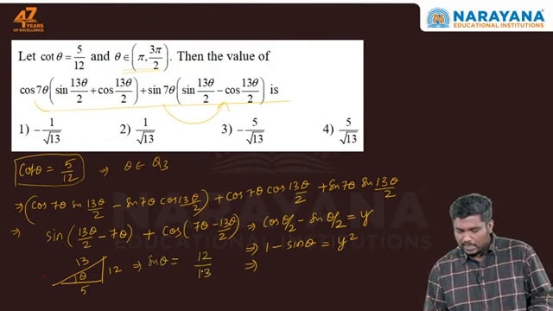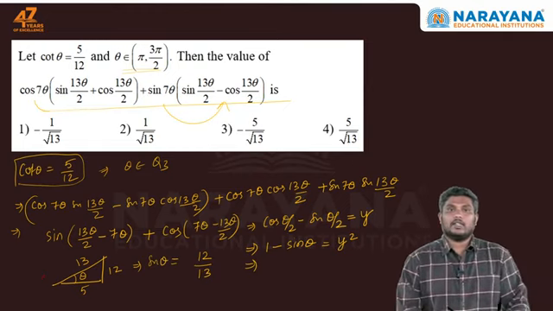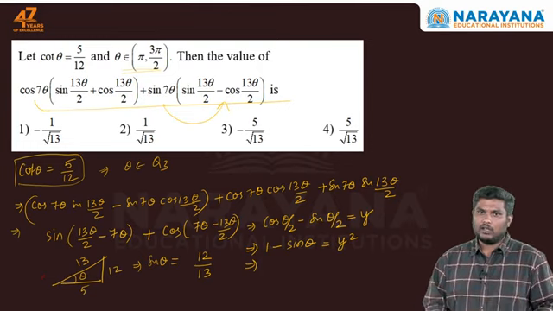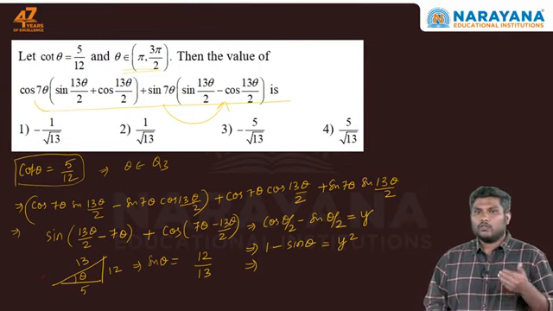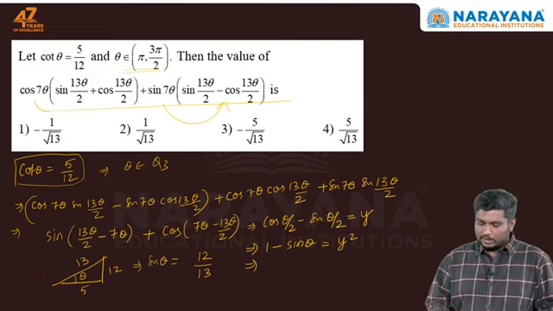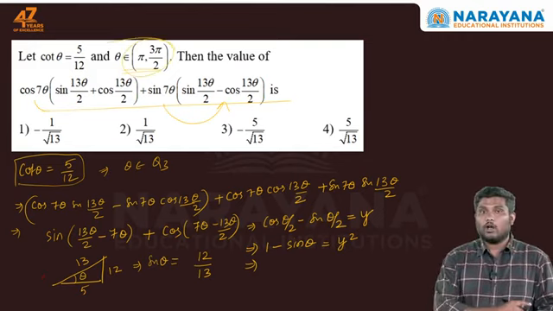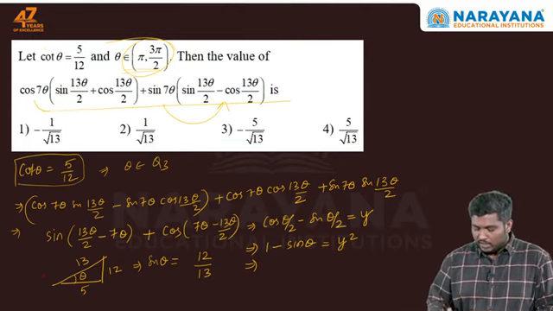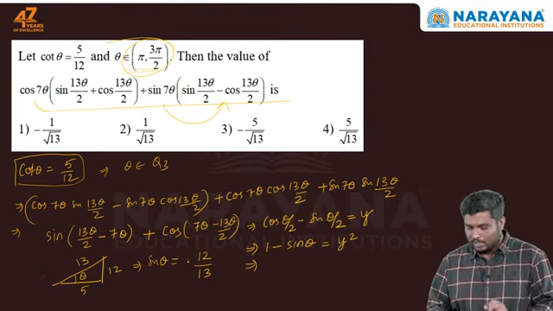Guys, if you take sine theta as 12 by 13, then you are going to lose the 4 marks which you are supposed to get, because it is clearly indicated that theta belongs to pi to 3 pi by 2. So sine theta in the third quadrant is negative.